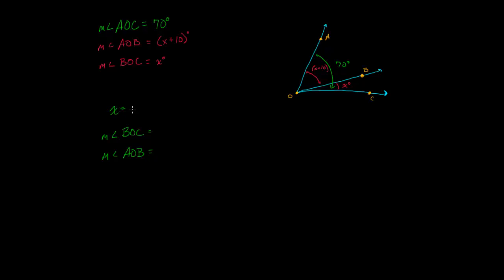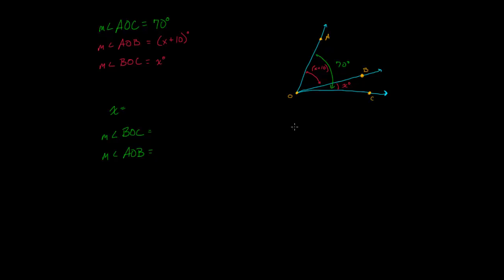First, we have to solve for X. Anytime that we have a variable involved, we need to solve for that variable. Now, in order to do so, we know that these two interior angles will add up to our exterior, just like before.